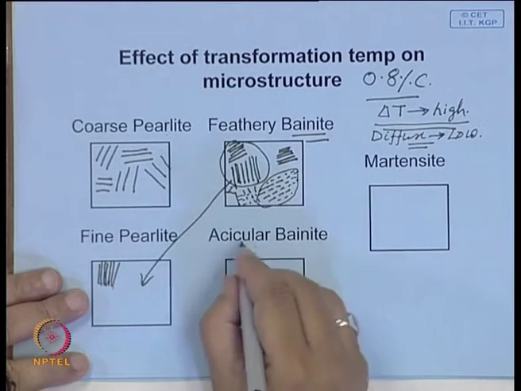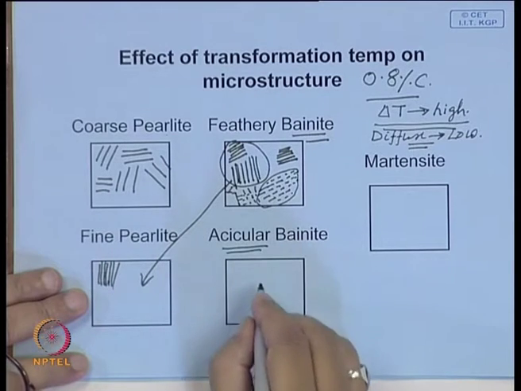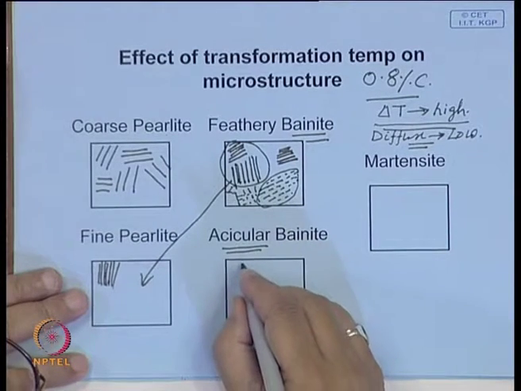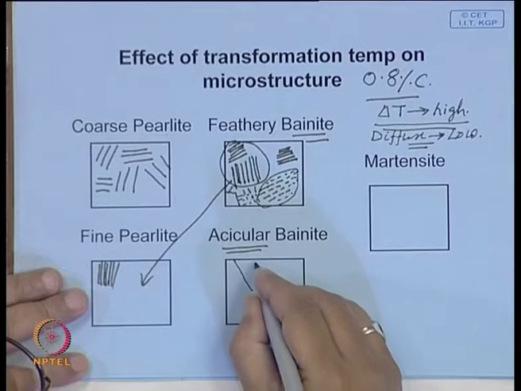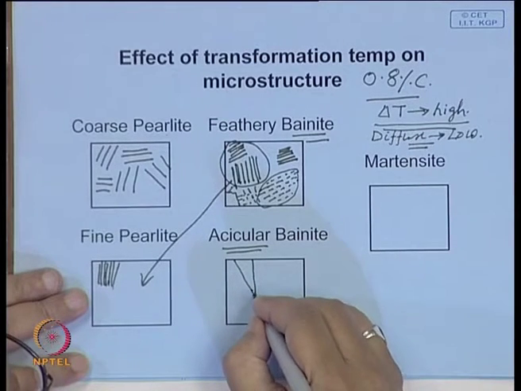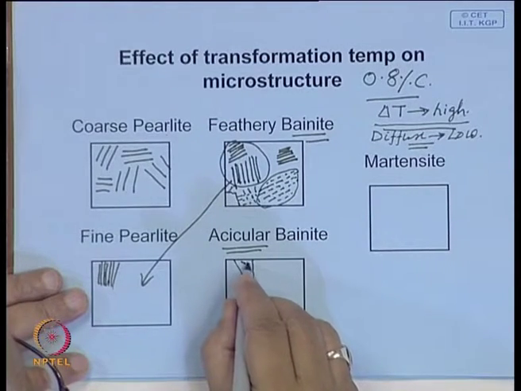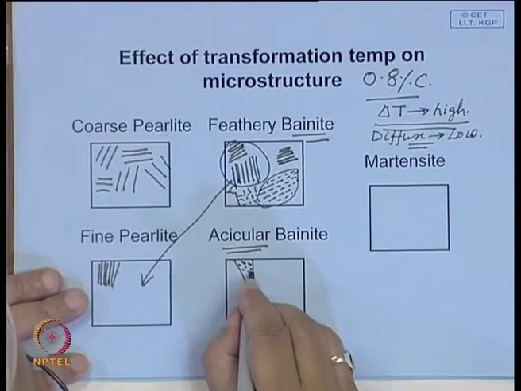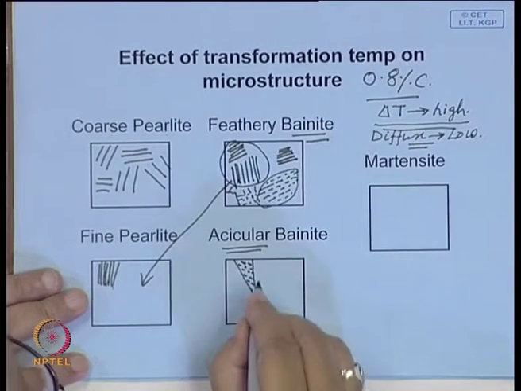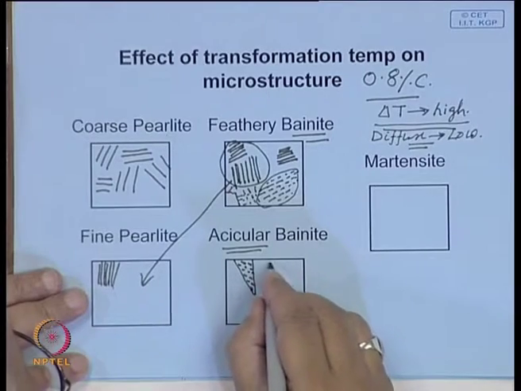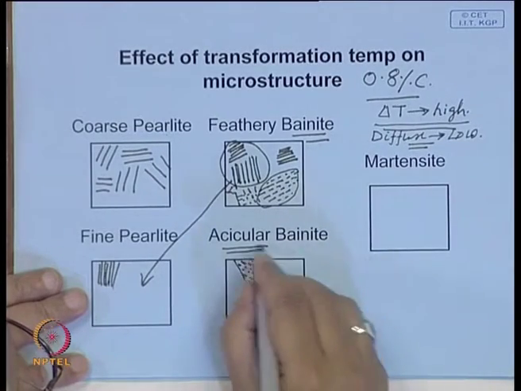And again, you have another kind of bainite. Here, you have some platelets of ferrite nucleating, and then you have some types of carbide. These are metastable carbides, which are even finer, and this type of structure is called acicular bainite.